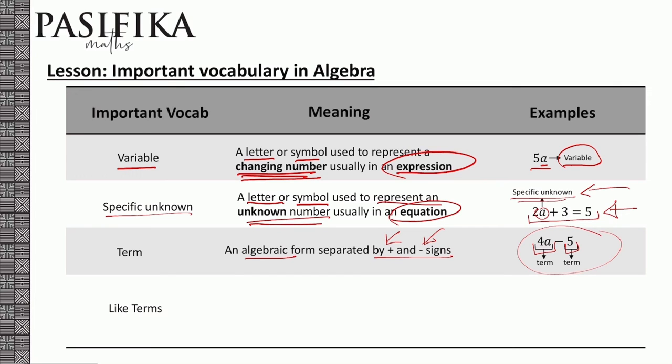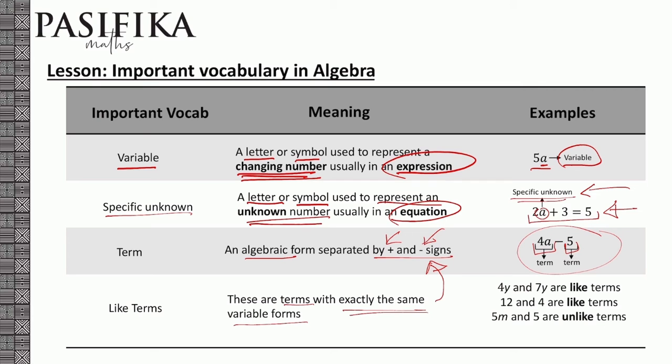And we'll also come across like terms. Like terms are terms, so remember terms over here, with exactly the same variable form. So some examples are 4y and 7y are like terms. So it's with exactly the same variable form. 12 and 4 are like terms.